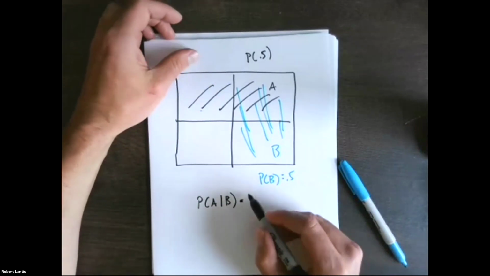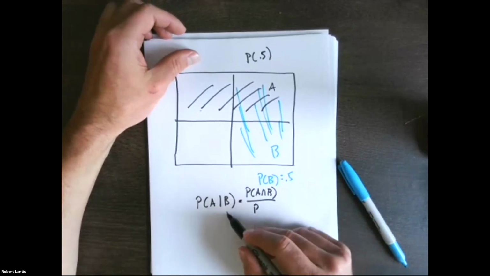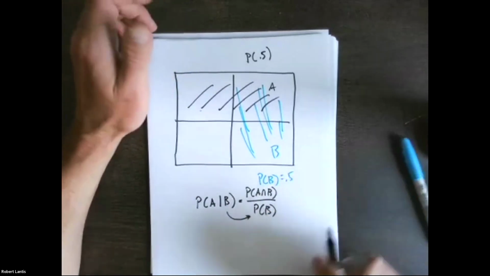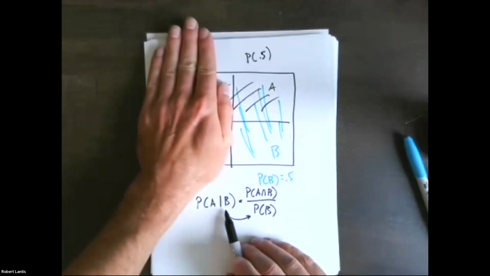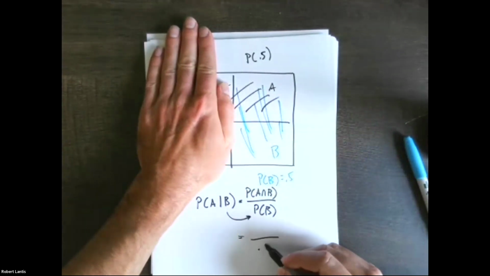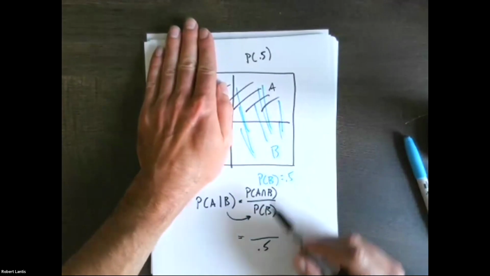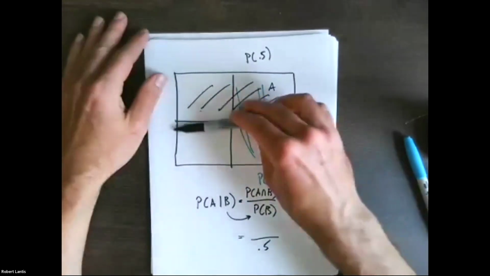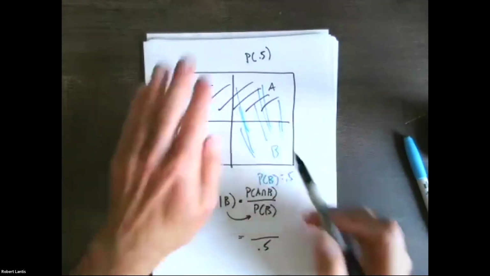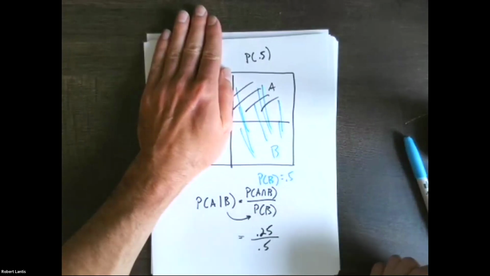Well, once again, we could rewrite it as the probability of the intersection divided by the probability of whatever we're conditioning on. Given that B has occurred, I now know I'm only looking at this entire space of 0.5, or the probability of B. Of that remaining 0.5, how much of it is in A? Well, I tried to draw this so that it perfectly splits the box in half. So if this was 0.5, this box remaining should be 0.25.